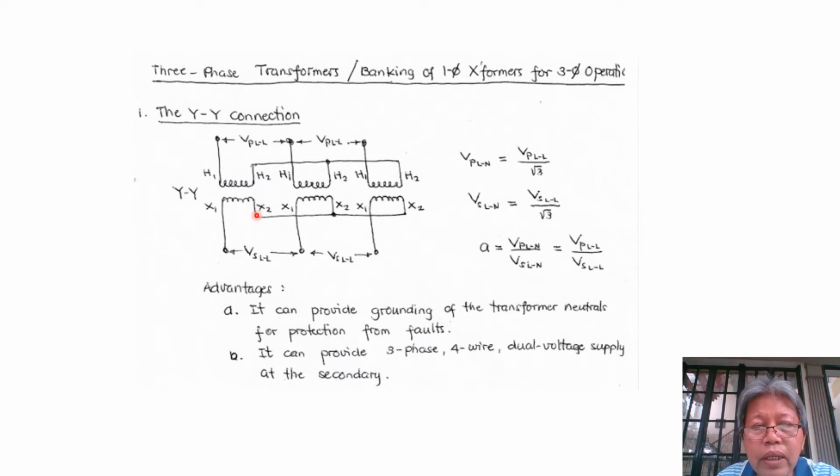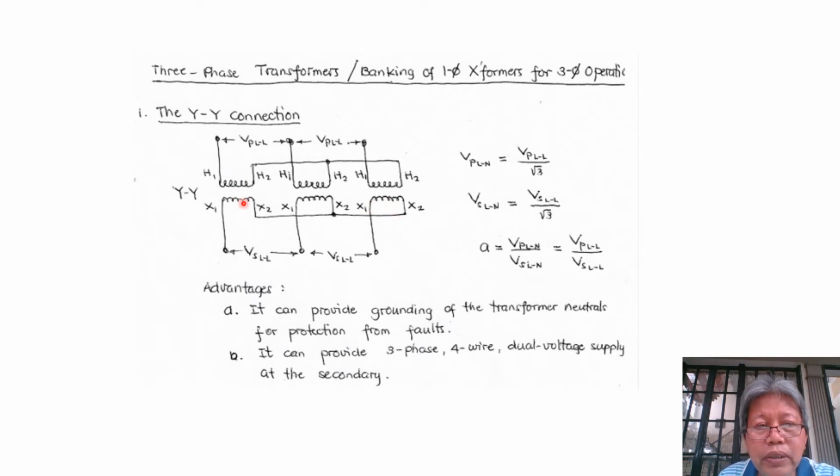Otherwise, if we commit mistakes in making connections because of wrong polarities, then a short circuit may occur in the windings of the transformer. So we have to be sure of the polarity markings of our single phase transformers.